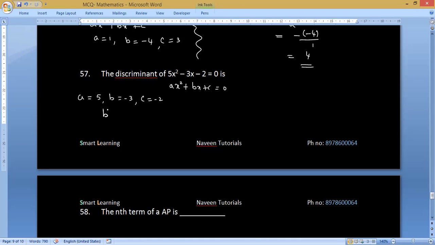The discriminant formula is b square minus 4ac. b is -3, a is 5, c is -2. Then -3 square is 9, minus into minus is plus, 2 5s are 10, 10 4s are 40. So you are going to get 49.